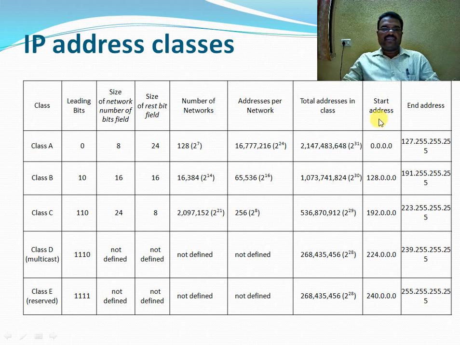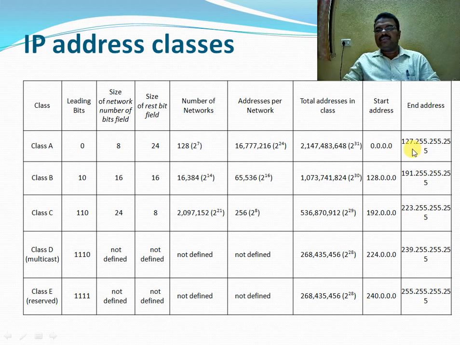So here the starting address for class A is 0.0.0.0, class B 128.0.0.0, class C 192.0.0.0, class D 224.0.0.0, and class E 240.0.0.0.